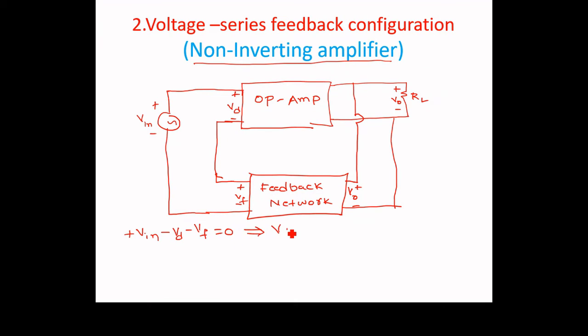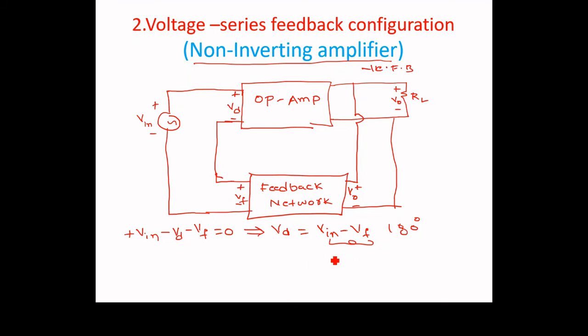VD is equal to Vin minus VF. So the differential voltage that we are applying to the op amp is nothing but the difference between the input voltage and the feedback voltage. They are opposing each other, or there is a 180 degrees phase reversal. Whenever we have minus, it is nothing but 180 degrees phase reversal. So that is why it is called negative feedback.